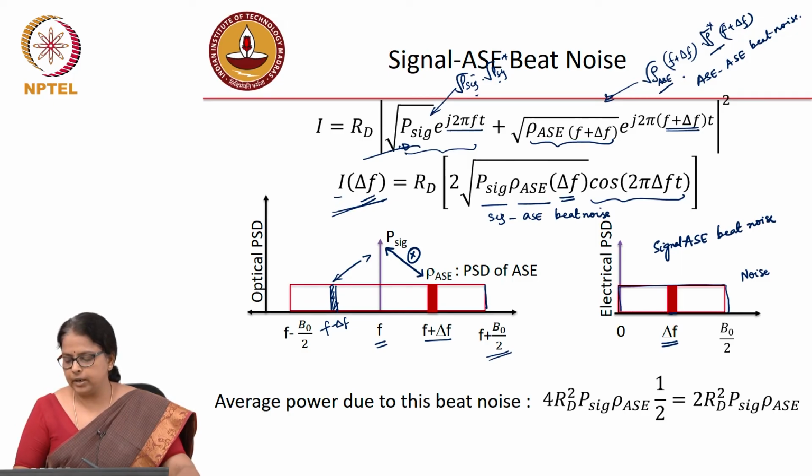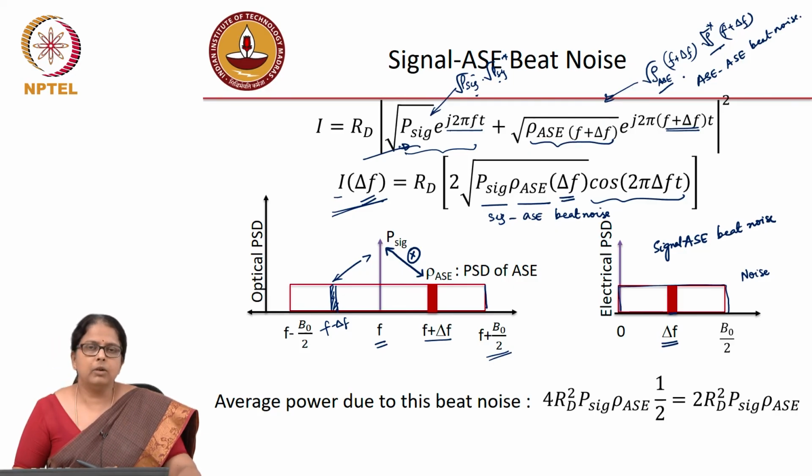I get 4 times Rd square P sig rho ASE, and the average of cos square would be half, because I am just calculating the average noise that is falling on the receiver. So, I get 2 times Rd square P sig rho ASE.